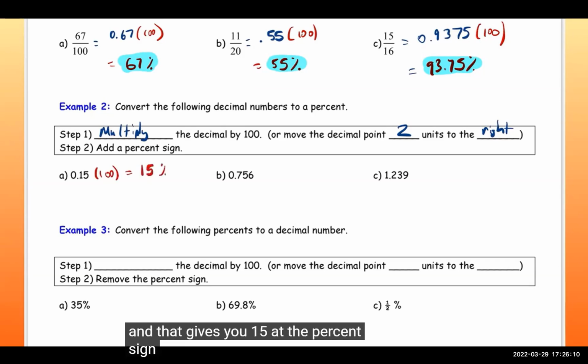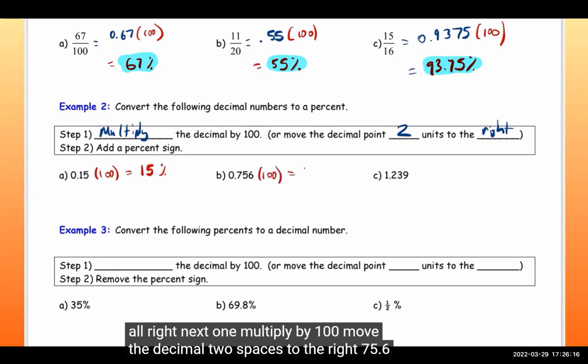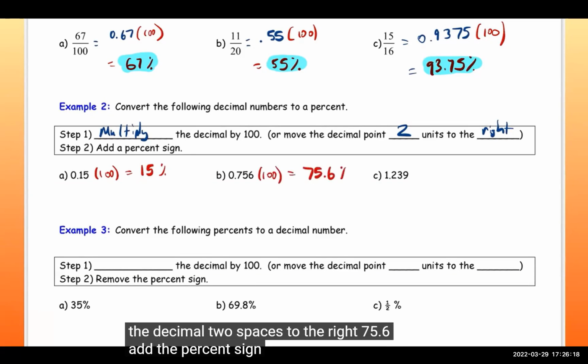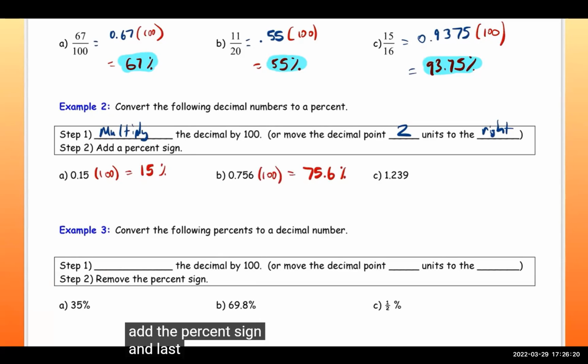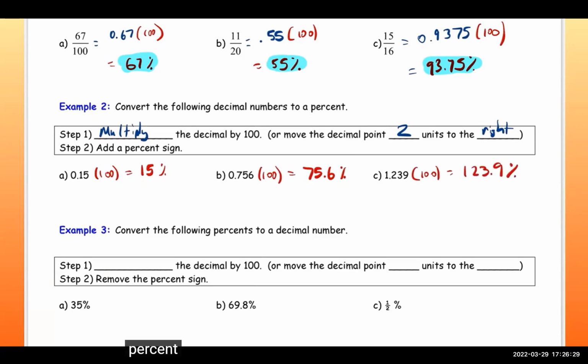Add the percent sign. All right, next one, multiply by 100, move the decimal 2 spaces to the right, 75.6, add the percent sign. And last one, multiply by 100, that's 223.9%.